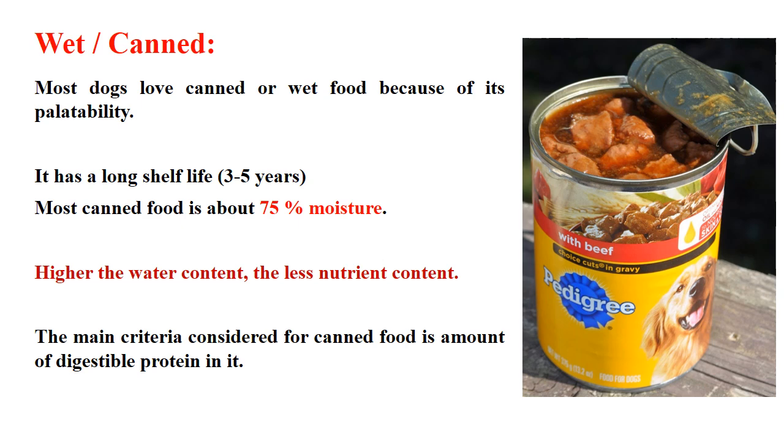But because moisture is very high, the concentration of nutrients will be less. Here the main criterion considered for canned food is the amount of digestible protein. How much digestible protein is present is important. Mostly pure meat pieces or byproduct pieces are partially added with other ingredients, sealed in the can and processed by sterilization. All these things we are going to discuss in detail in a separate lecture.